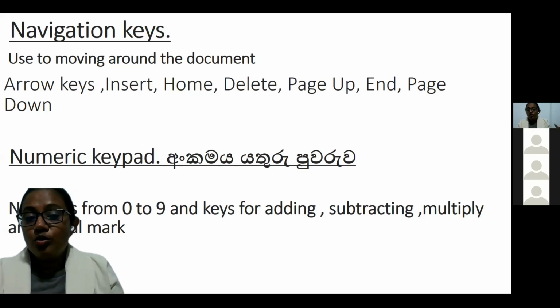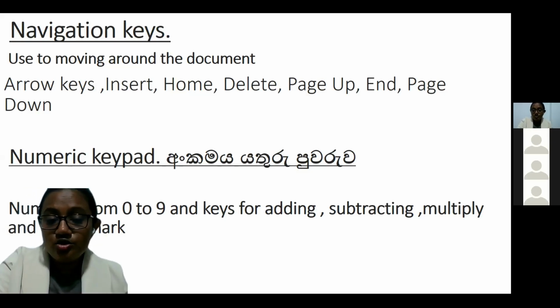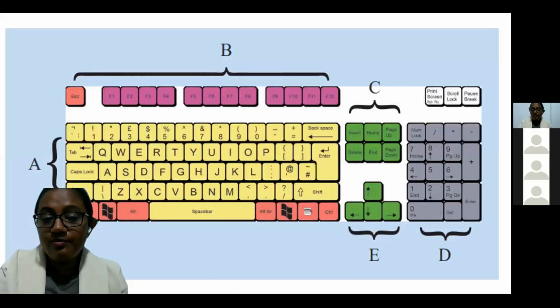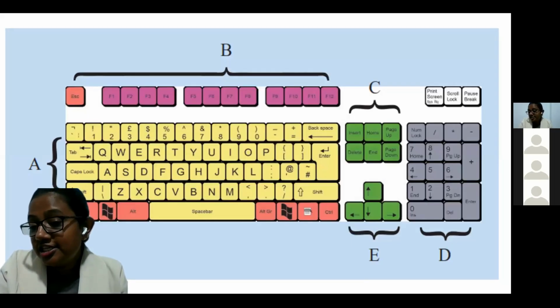Right? When you play computer games, you will use these keys, especially arrow keys. Arrow keys, there are 4 keys for the 4 directions. Left, right, top, bottom. Right? Let's go to the keyboard and can you identify the navigation keys?